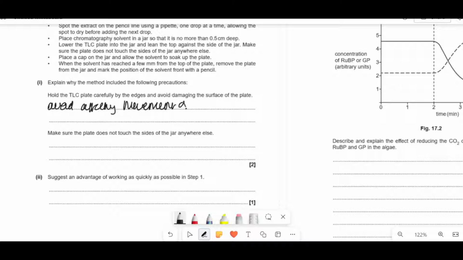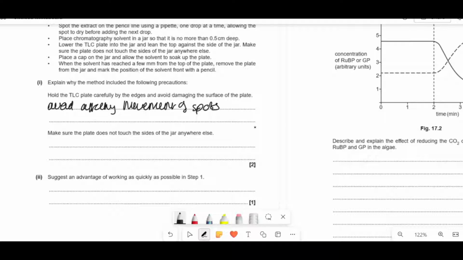movement of spots. Then it says to make sure the plate does not touch the sides of the jar anywhere else. Well, if it did that, what if there's condensation on the jar or something like that? There might be liquid on there because the stuff that you're putting in there is going to be evaporating and condensing there.